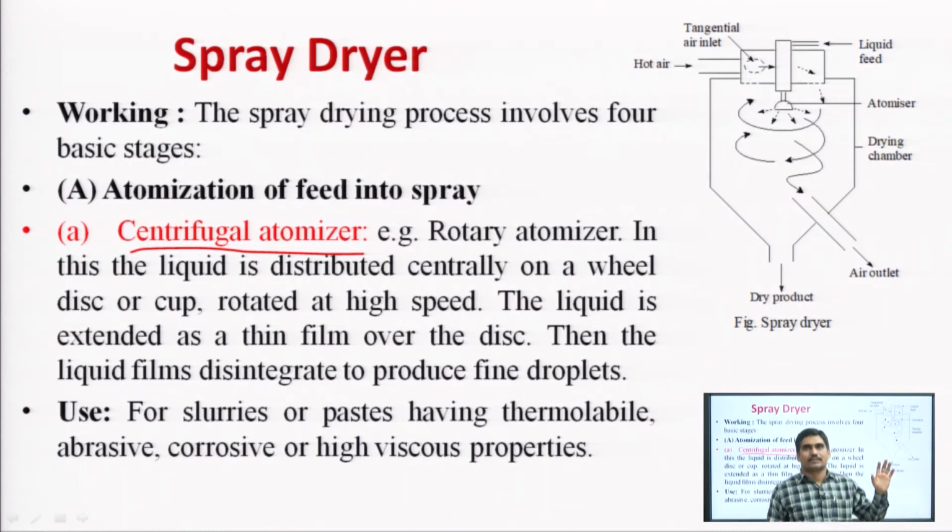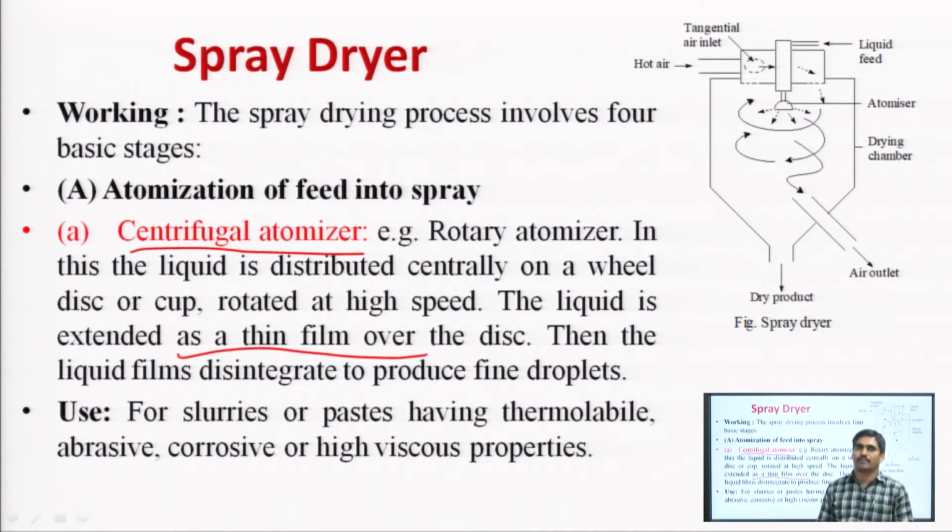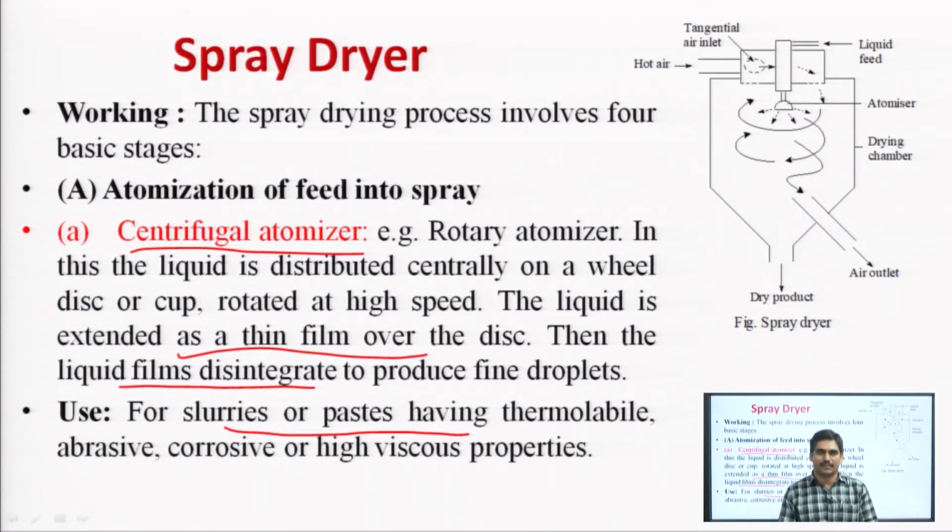The liquid extends as a thin film over the disc, and the film disintegrates to produce fine droplets. Centrifugal atomizers are used for slurries or pastes having thermolabile, abrasive or corrosive substances, or very highly viscous materials.